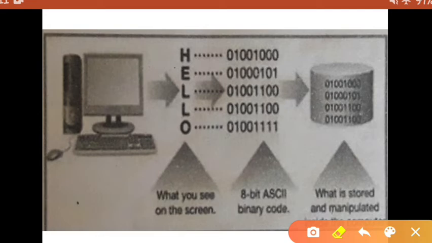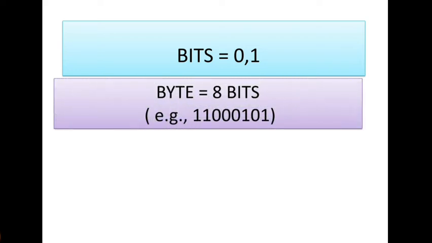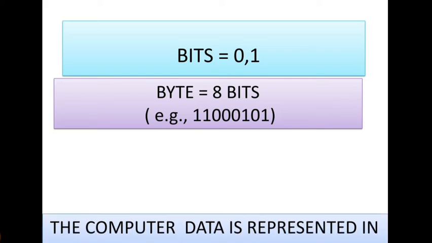So the next is, to represent the user's data in the computer, bits are combined together to form a character code. I told you what bits are: two numbers, that is 0 and 1.